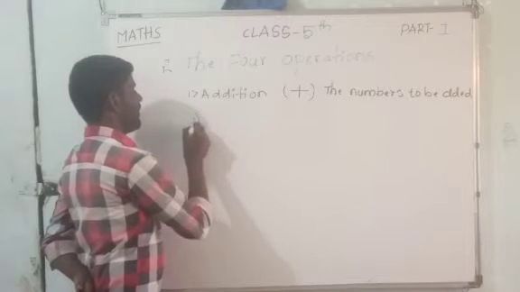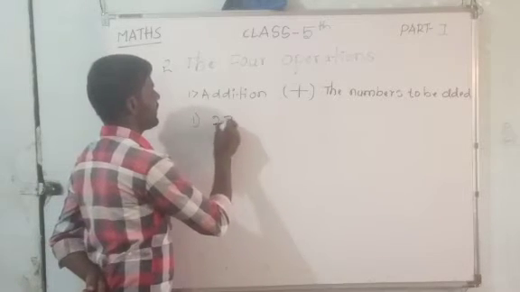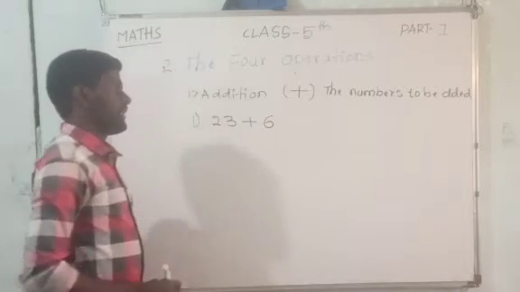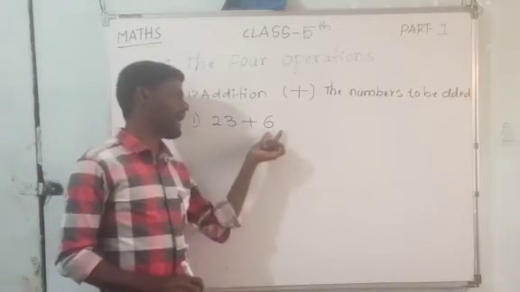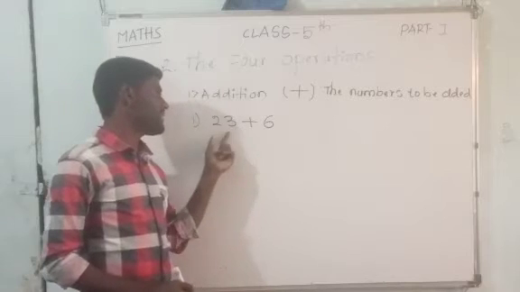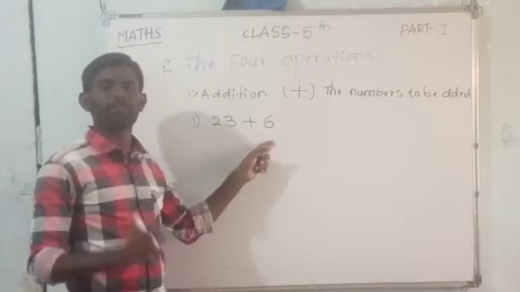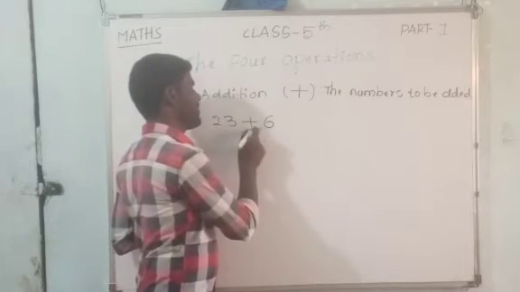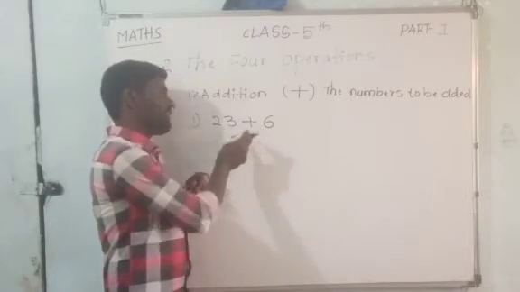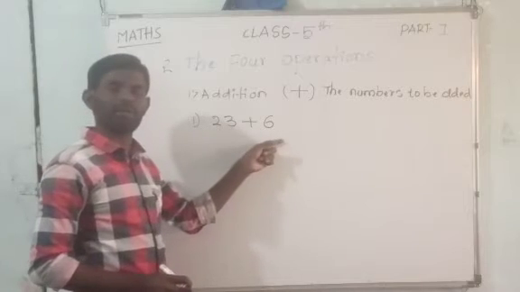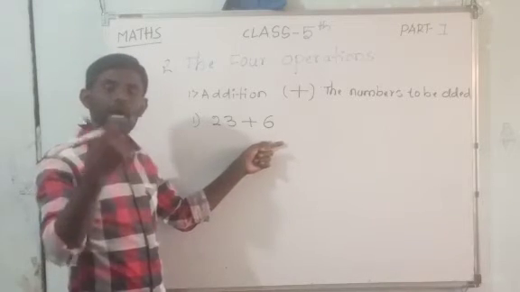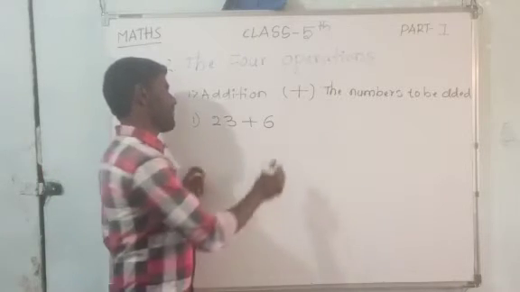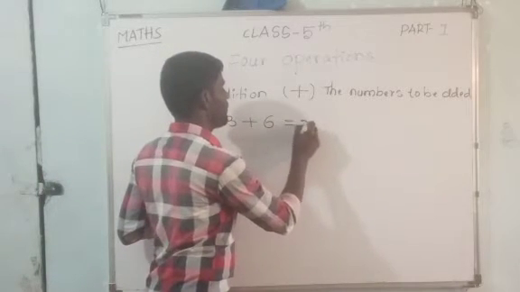Suppose example 1 is 23 plus 6. Here these two numbers, 23 and 6, are connected by the plus symbol. This is the symbol for addition. If the symbol is between any two numbers, it means that we have to add the given numbers. 23 plus 6 is 29.